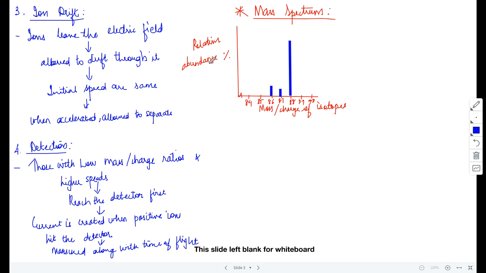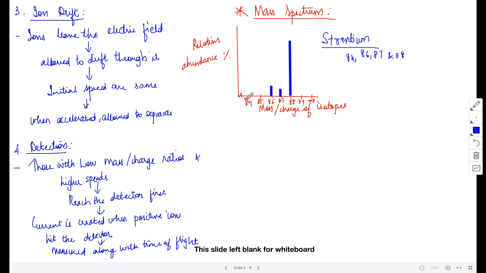Now this spectrum I have drawn is of the element called strontium. According to strontium, it has 4 isotopes, with the mass numbers 84, 86, 87, and 88.